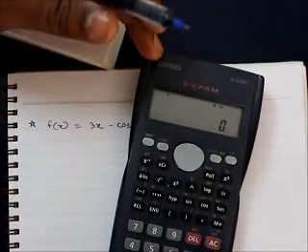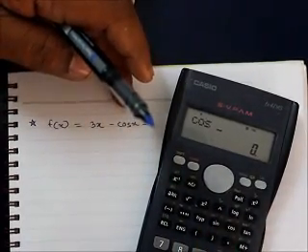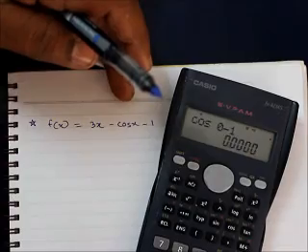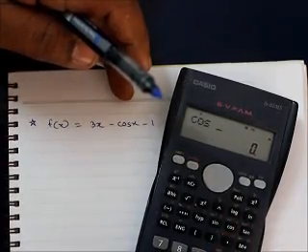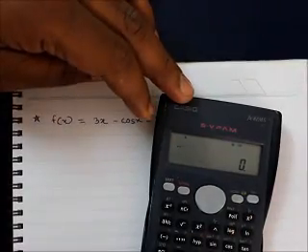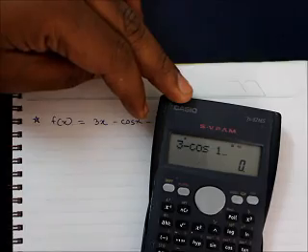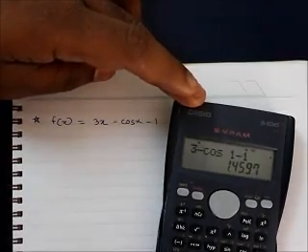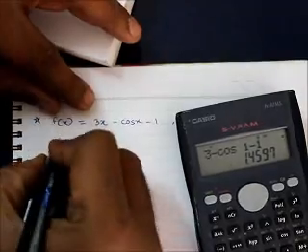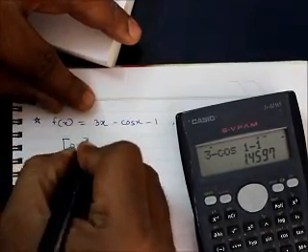If it's 0, then 3x is going to be 0, cos of 0 minus 1. What's the cos of 0? That's 1. So minus 1 minus 1, this is going to be minus 2, f of 0. Let's see what f of 1 will be: 3 minus cos of 1 minus 1. Okay, so I've chosen the initial bracket as 0, 1.